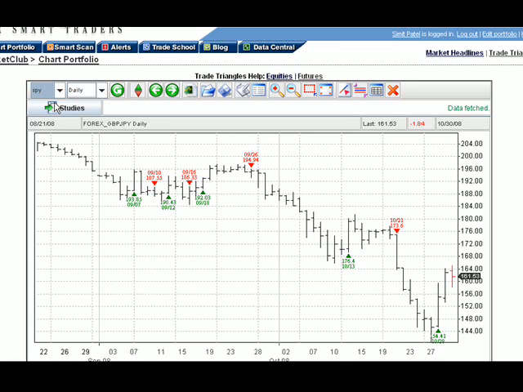So the good news is that the software seems to have caught them. If we would have been following the rules, we could have participated in those moves if we would have had the software then. The bad news is that we're stuck in sort of a holding pattern here until either the trend signals that it's changed direction on the software, or this little counter trend rally that we're getting right now across all the instruments that I follow anyway turns back and goes back with the longer term trend.